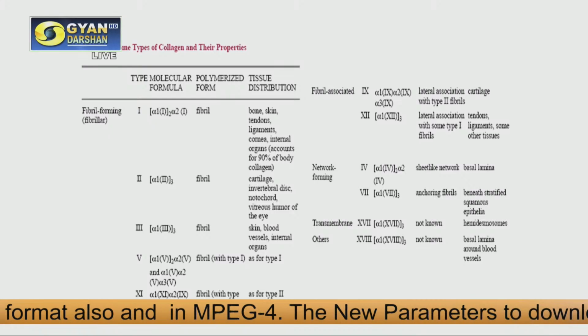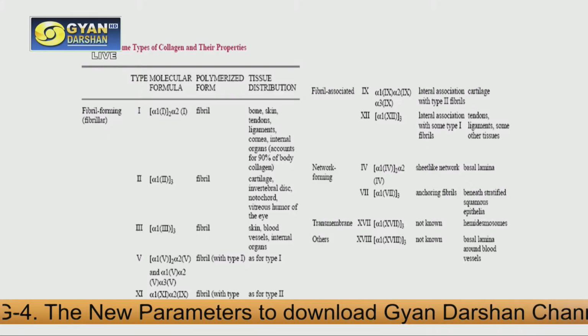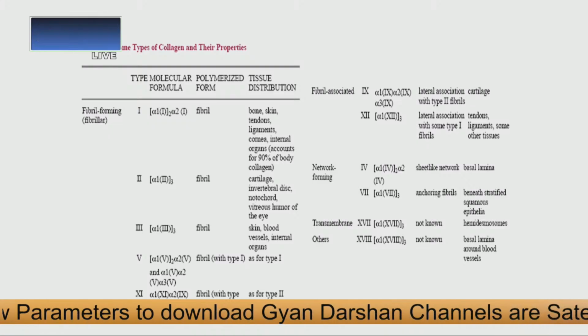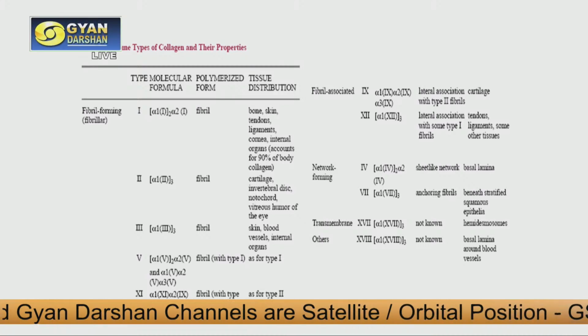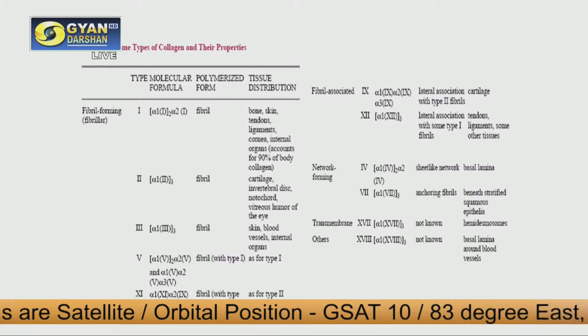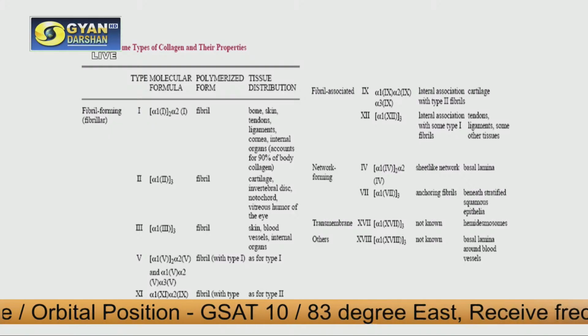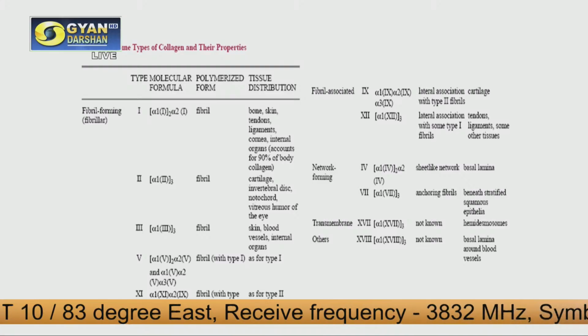Then fibril associated collagen: type 9, and then you find 12. These are fibril associated collagen. Network forming collagen, that is type 4 and type 7. Transmembrane collagen, that is type 17, and others, that is type 18.